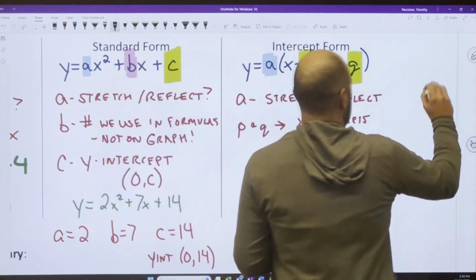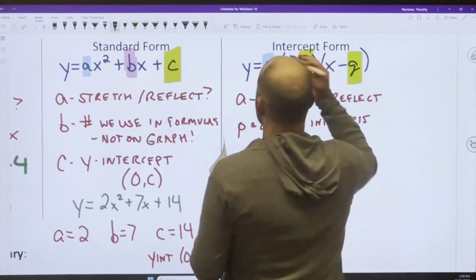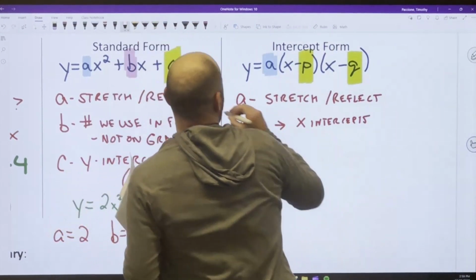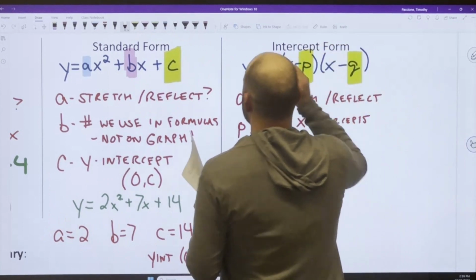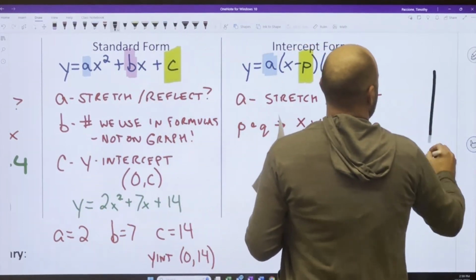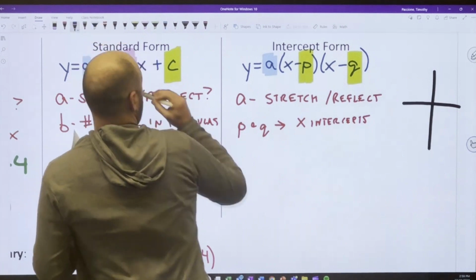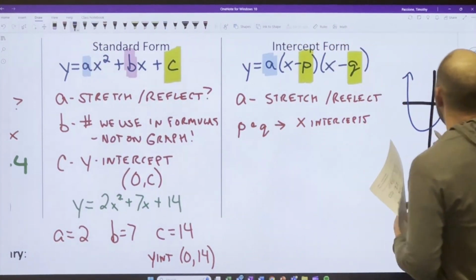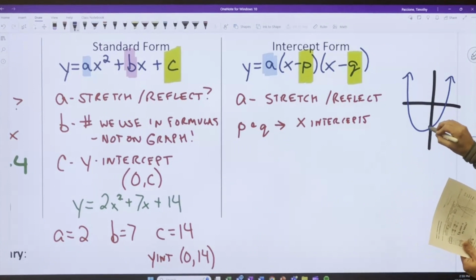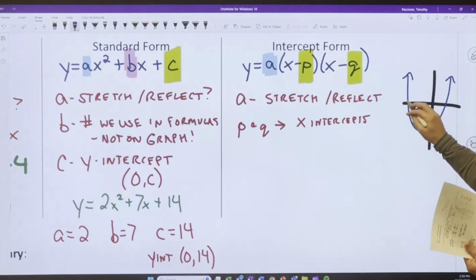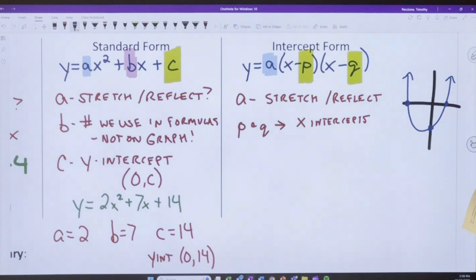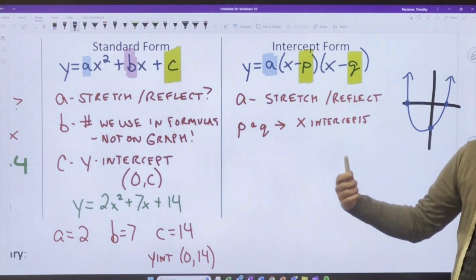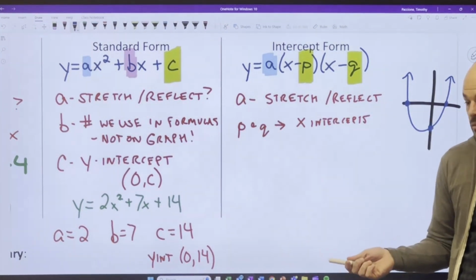If you have a graph, and it goes like this, well, yeah, it's going to have one y-intercept, right? But can it have two x-intercepts? So this form would give us those two right in the form, right?